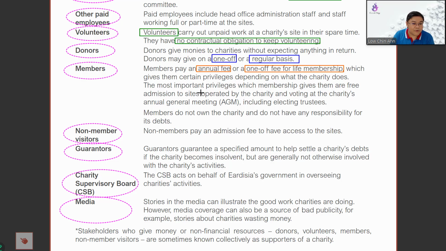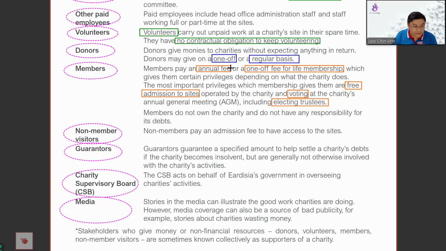The most important privileges which membership gives are free admission to the site operated by the charity, plus they are able to vote at the AGM, and by voting they include electing the trustee. That means they can have a say over who will oversee the charity.